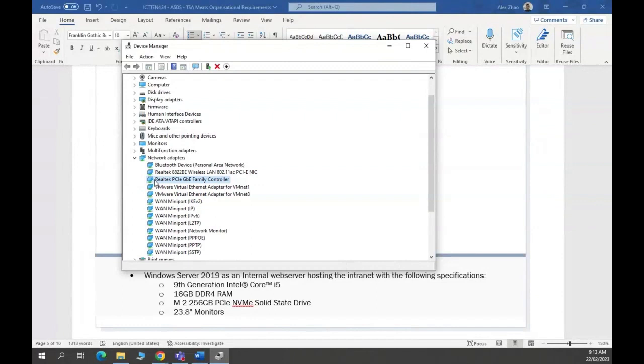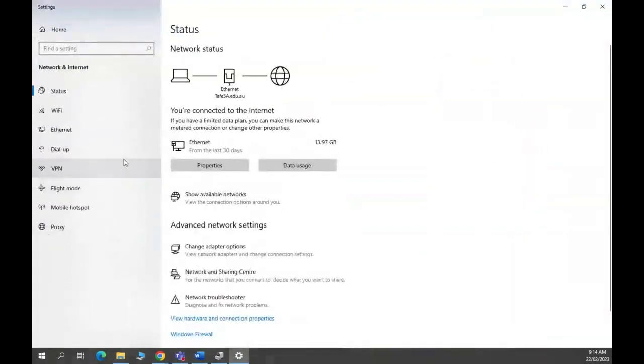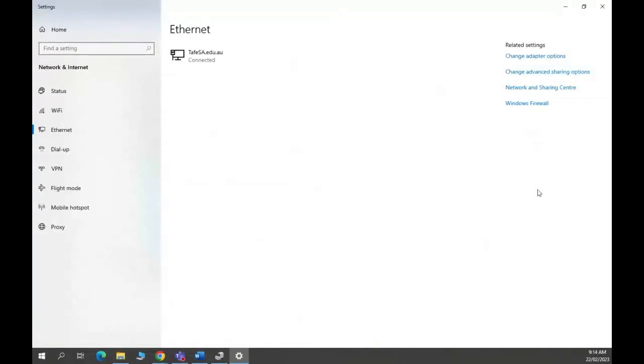So if you don't know what this is saying, this is a Realtek PCI Express gigabit Ethernet family controller. Okay, so if I bring up my interfaces on this computer in front of us, this is just like any example of computers.